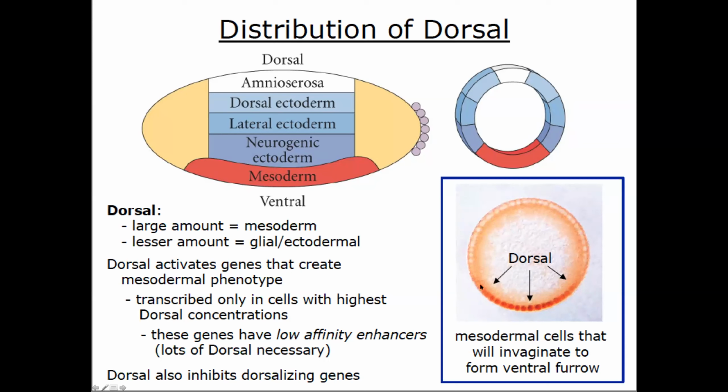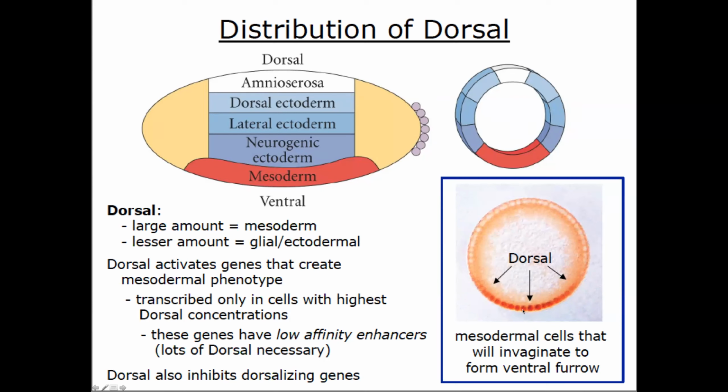But like I just mentioned, you're seeing active Dorsal. So even if you do Dorsal staining, you will see it everywhere. But it is the nuclear localization of Dorsal which is not seen everywhere. The nuclear localization of Dorsal is only seen in these few cells, the ventralmost cells.